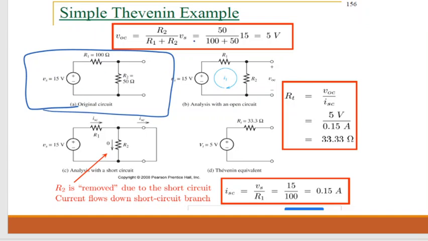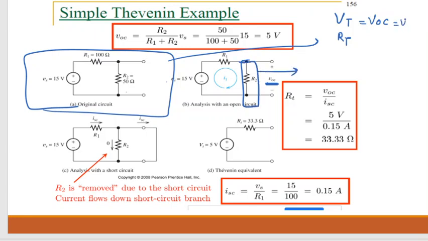First we calculate VT, which equals VOC. The voltage across the open circuit terminals is the same as the voltage across R2, because they are in parallel, and in parallel the voltage is the same. So VT equals the voltage across R2.